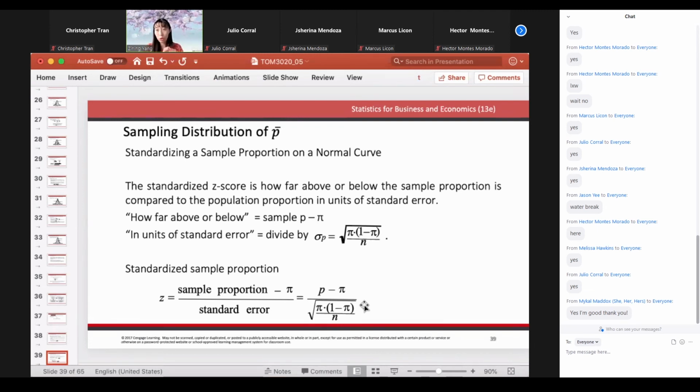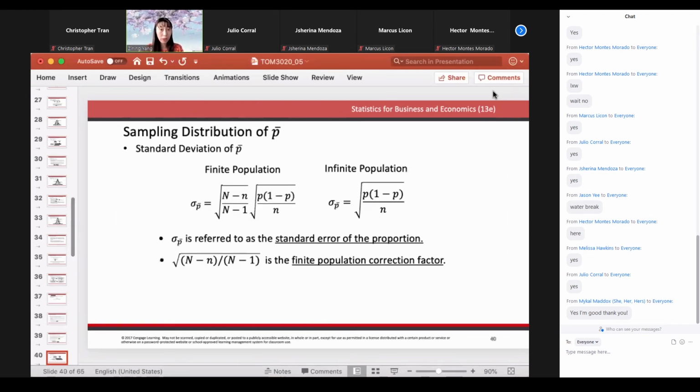Slightly different calculation, but the same structure, same concept. And the same finite population correction factor also applies to proportion: square root of population size minus sample size divided by population size minus 1. So that's all the same.